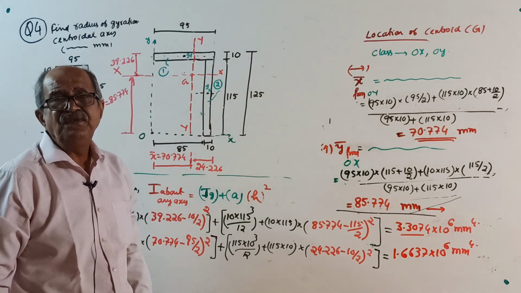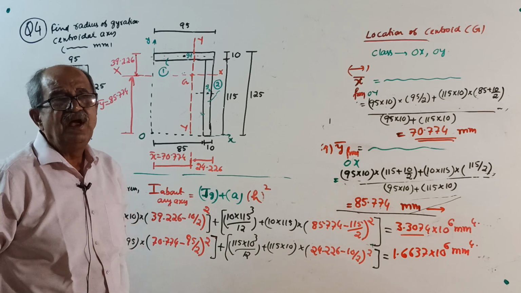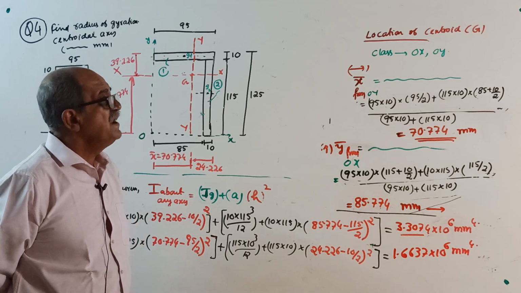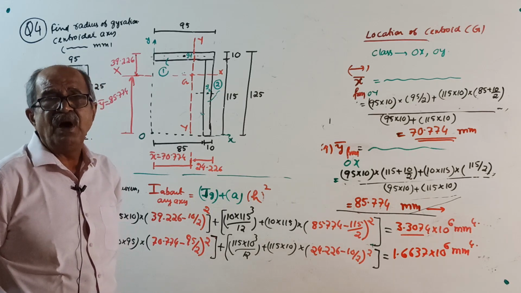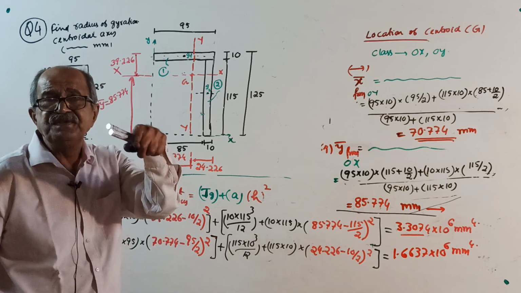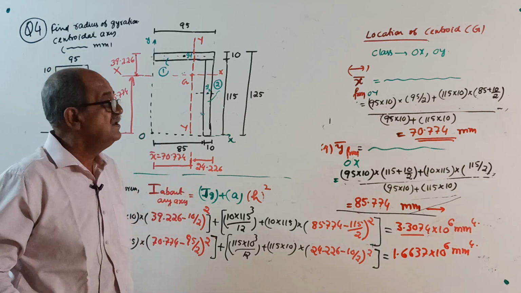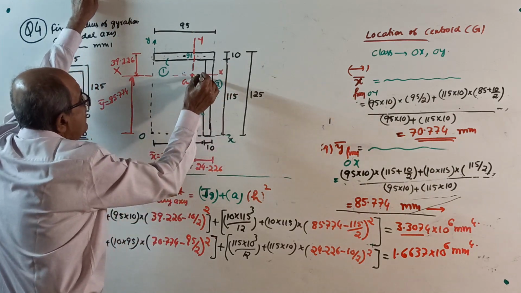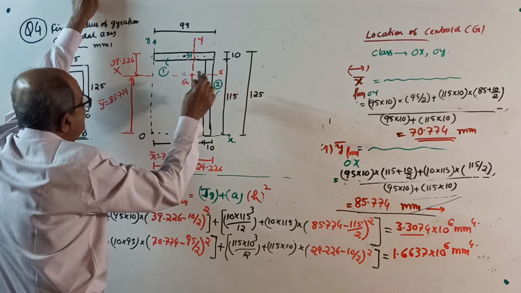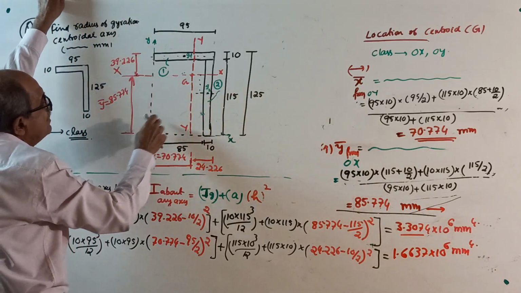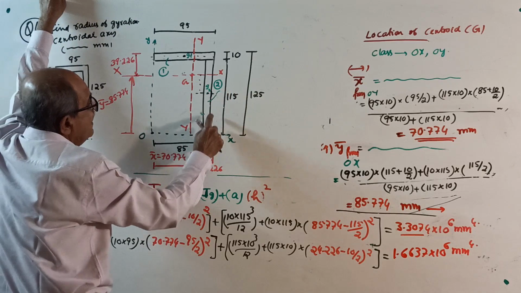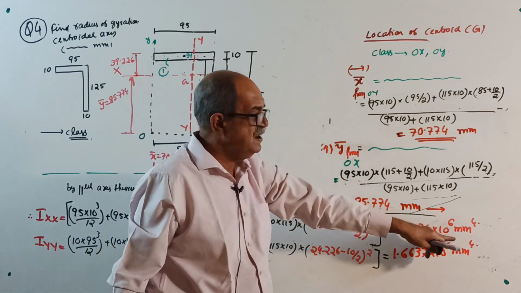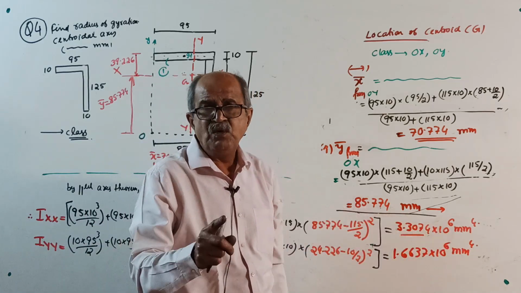Its own axis means the axis passing through the centroid of the part considered, parallel to the required axis. In future, to save time, I will just say its own axis. Plus area, 10 into 115, into this distance squared, that is 85.774 is this distance, subtract half of 115 whole square. You get Ixx in millimeter power 4. I calculated it already.